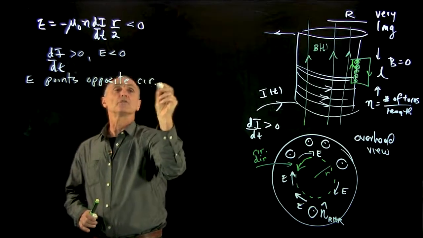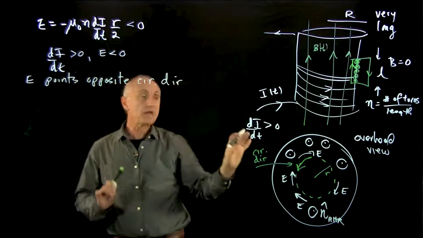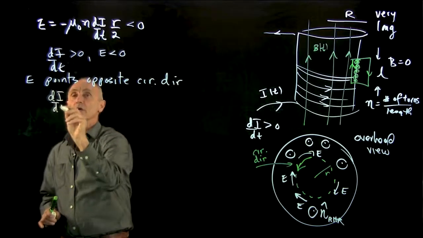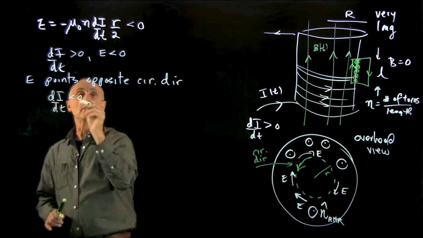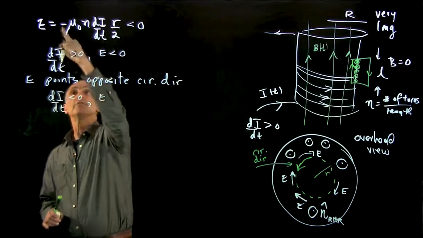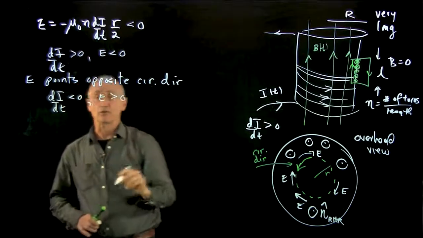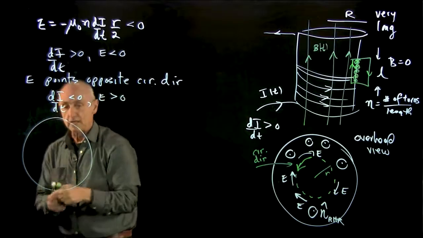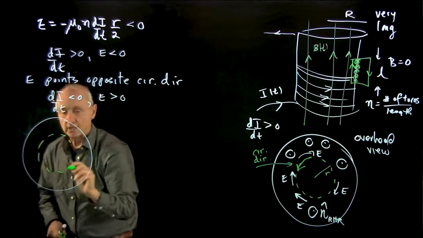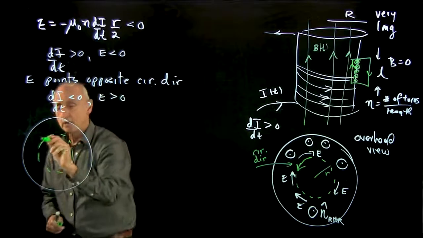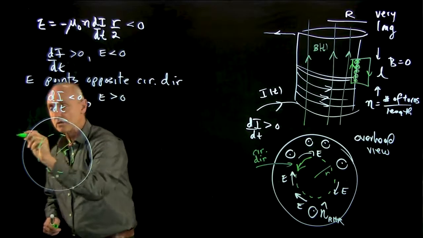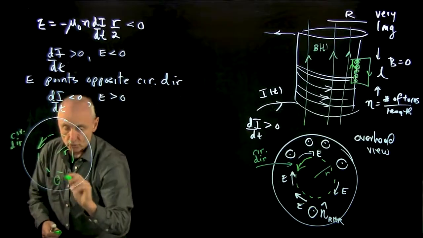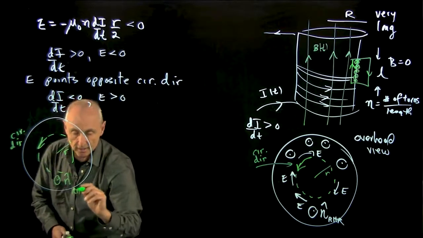the circulation direction. Now, I could have done the same problem in which I decreased the current in the solenoid, and then a negative negative would give me a positive electric field. And in this case, I'll just draw that picture again. We were calculating the induced electric field here, circulation direction, unit normal, consistent.